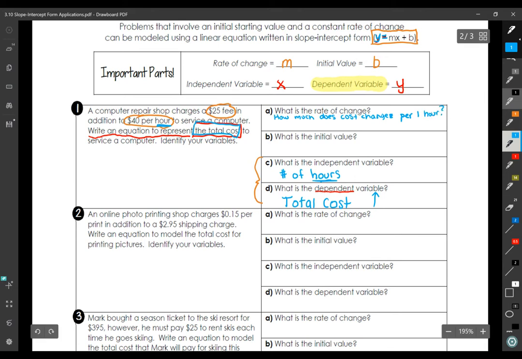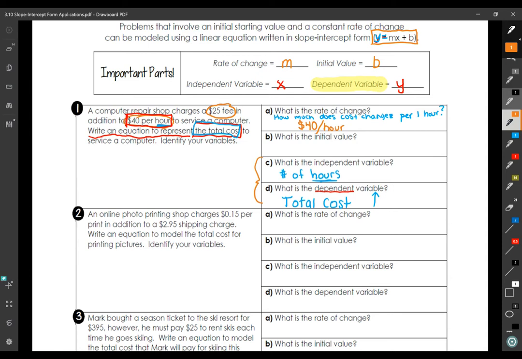That's the question you have to ask to find the rate of change. Well, it's pretty clear that the price will increase by $40. So our rate of change, and remember, rate of change has units, is $40 per hour. An hour we can represent with just an H, or if you prefer, you can write out the word hour.